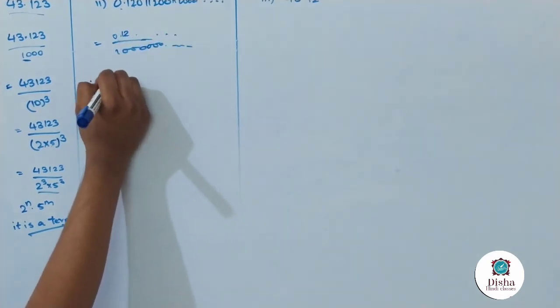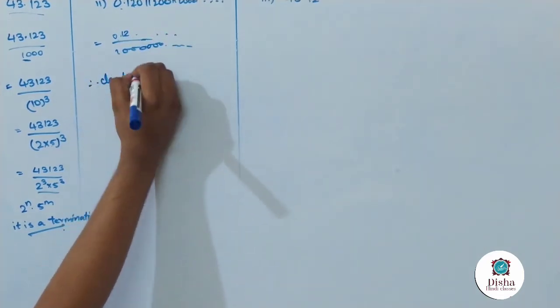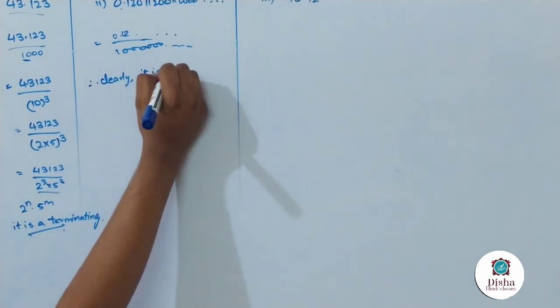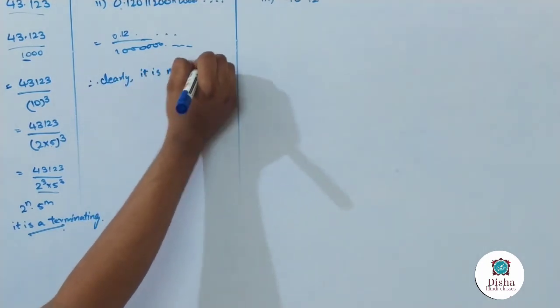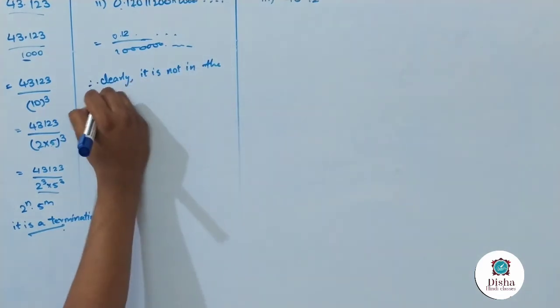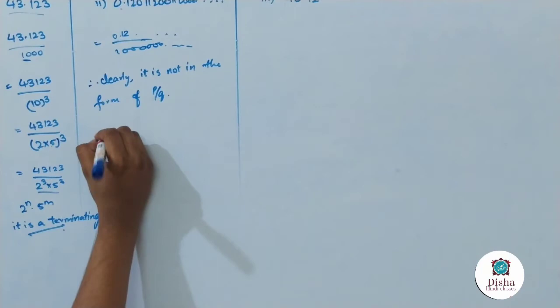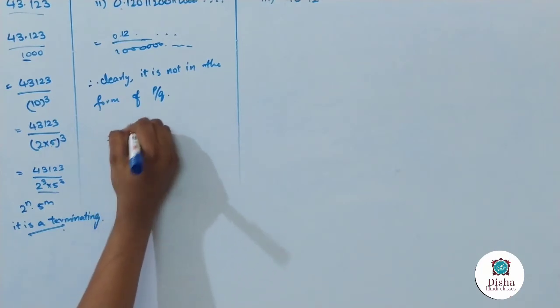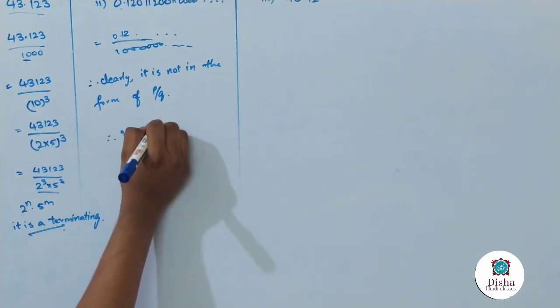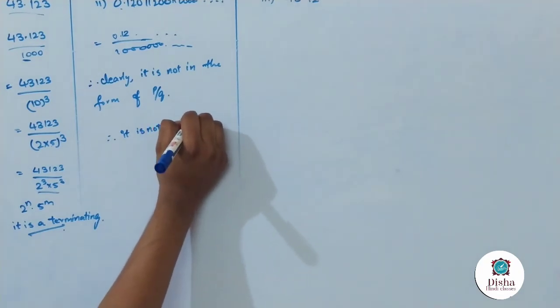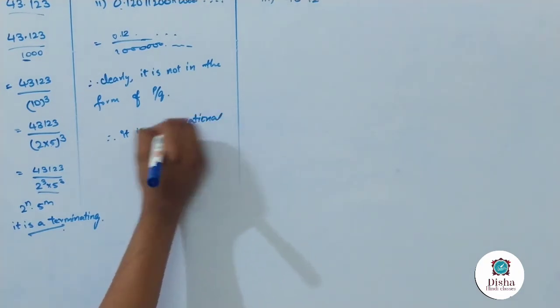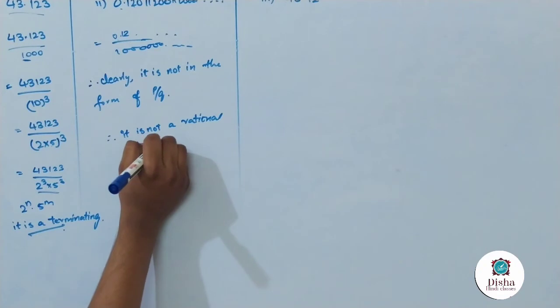Therefore clearly it is not in the form of p by q. Therefore it is not a rational number.